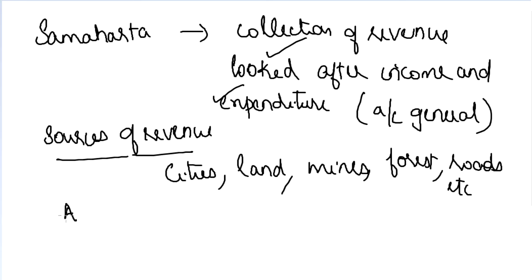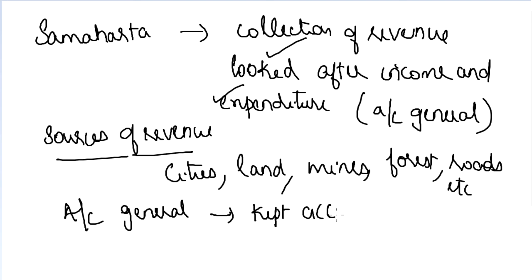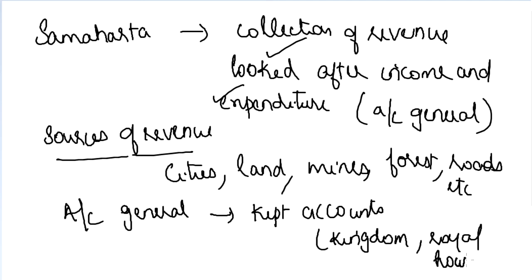Now the person who was responsible for keeping the accounts was the account general. He kept accounts both of the kingdom and the royal household. That was the work of the account general.